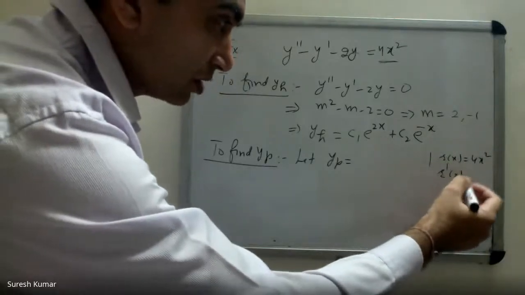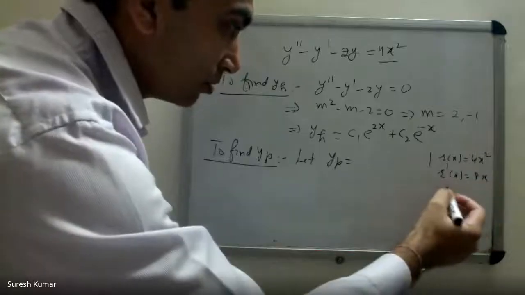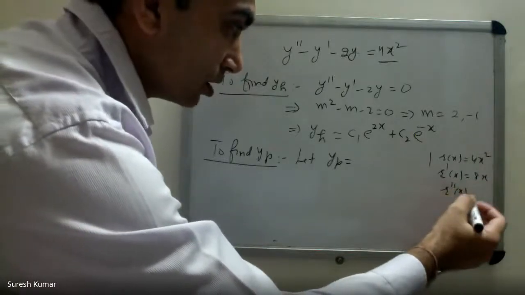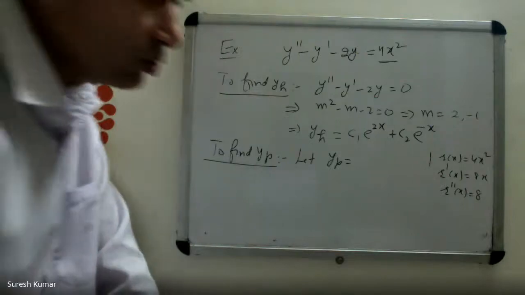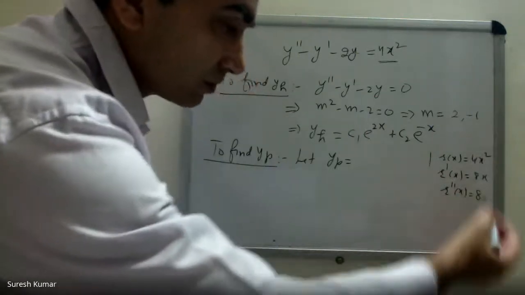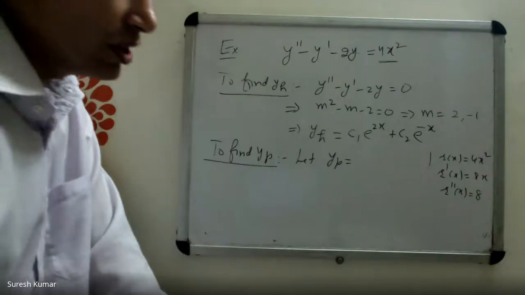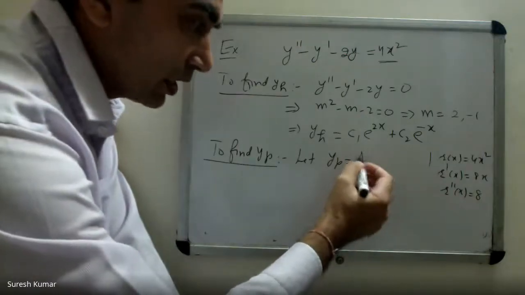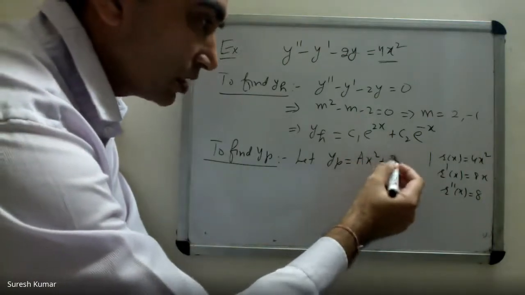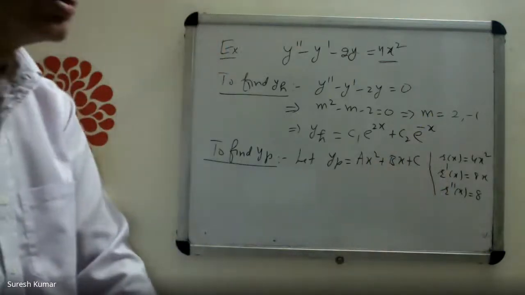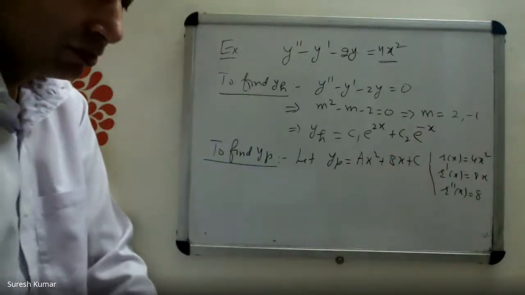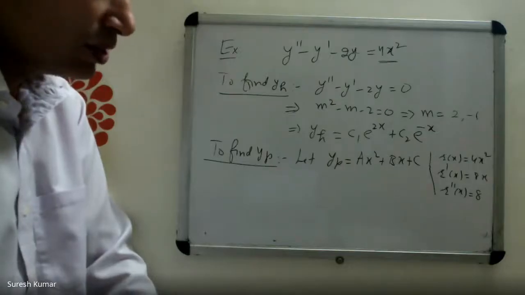R prime x is 8x. R double prime x is 8. After that, these are 0. So you are able to get only 3 different functions. What is their linear combination? Ax square plus bx plus c.